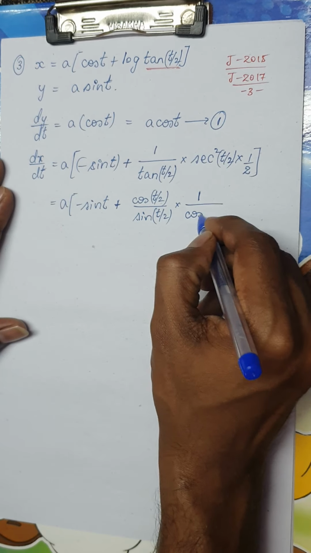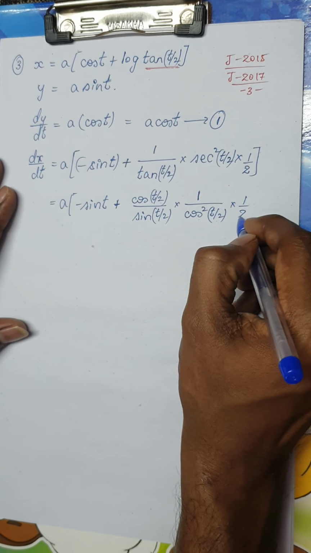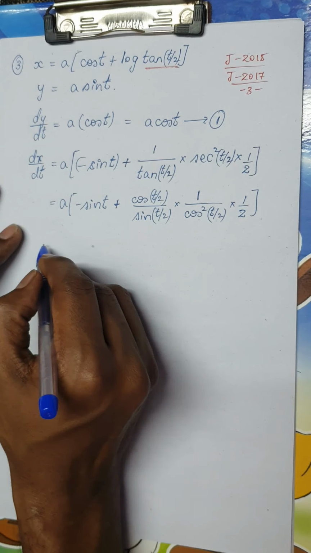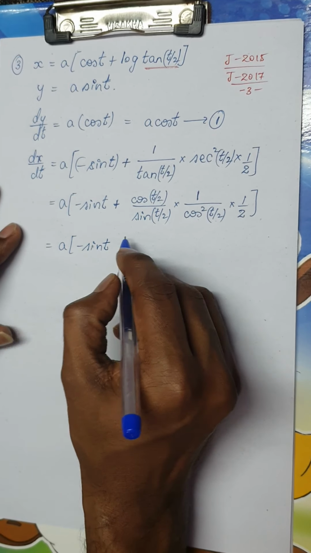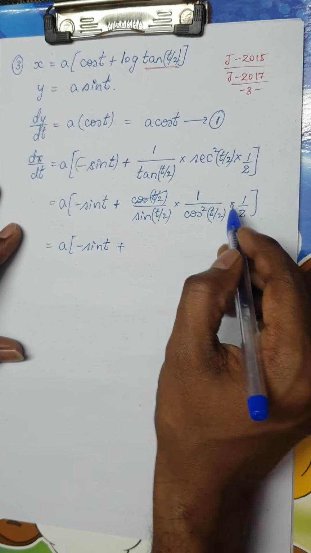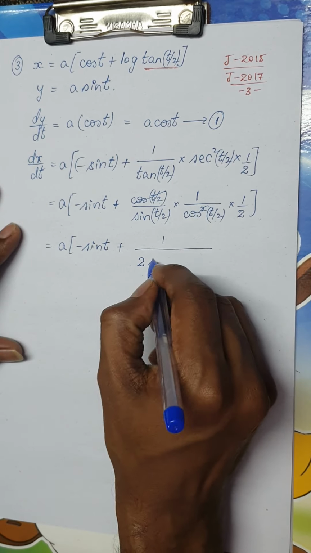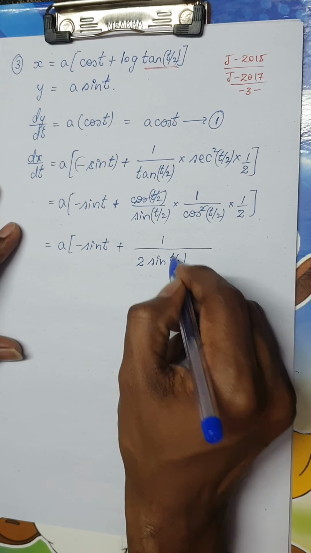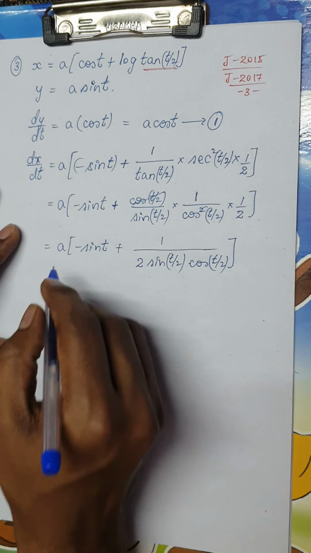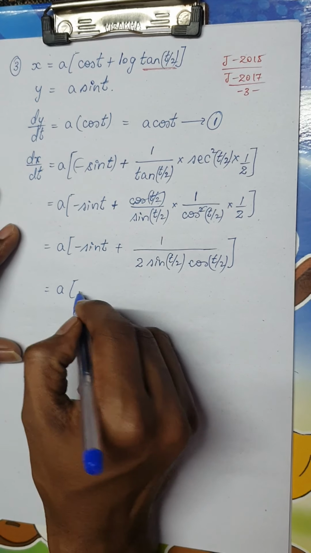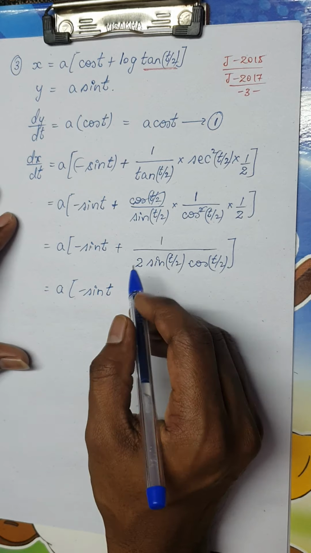So I am going to write it as 1 by cos square t by 2 into 1 by 2. This is nothing but a into minus sin t plus, one cos term will be cancelled, and I am left with 1 divided by 2 into sin t by 2 into cos t by 2.